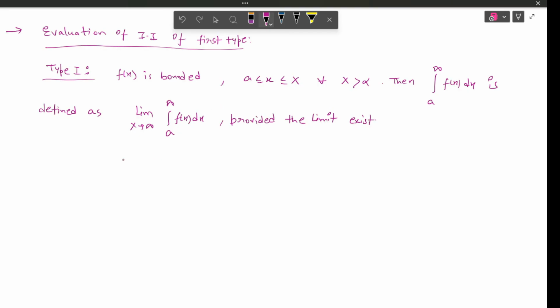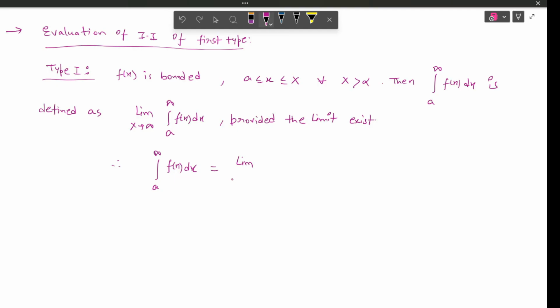Okay, so we can say that the integration from a to infinity of f(x) dx is actually a limit. We are finding the limiting value as X tends to infinity, right?